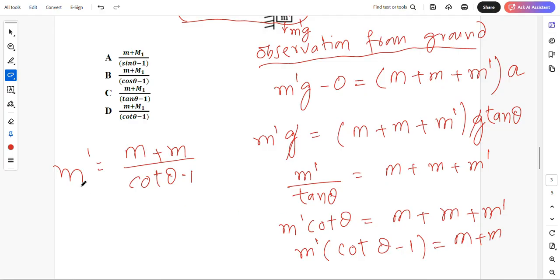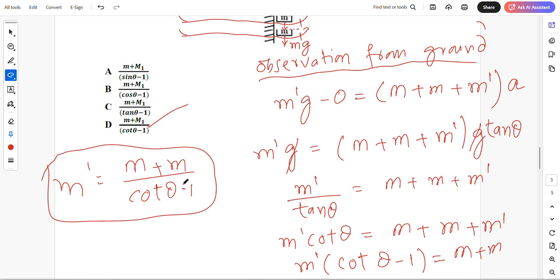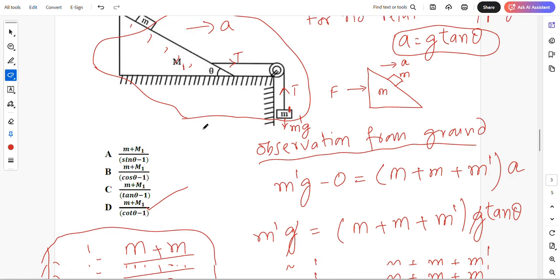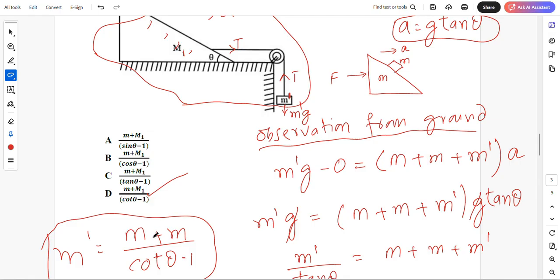Now which is the correct answer? I think this one they might have taken as m1. Hope you have understood this one. This is the right answer.